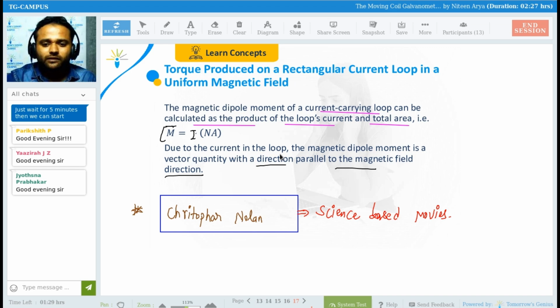Avatar also, if I'm not wrong. There is one interesting movie coming in the month of June, so you can watch it. Let me check the movie name first. Give me a minute. It is going to be released in the coming days.